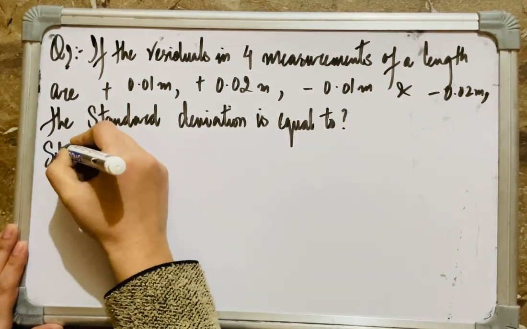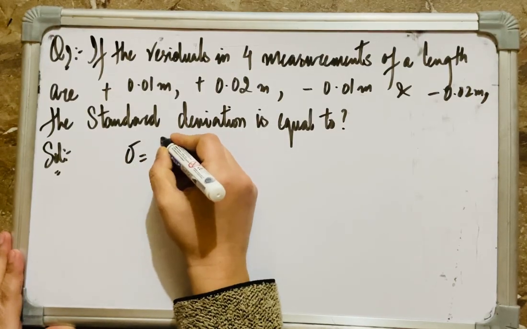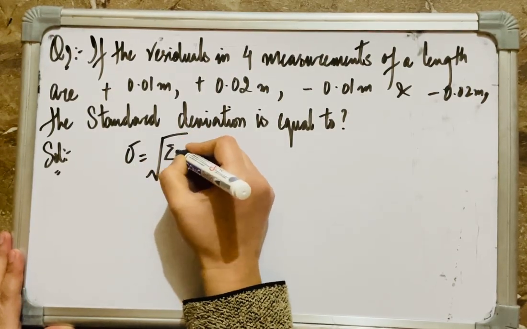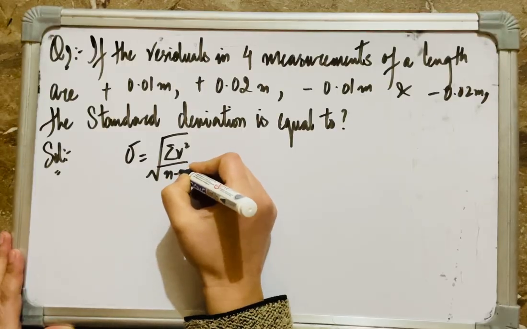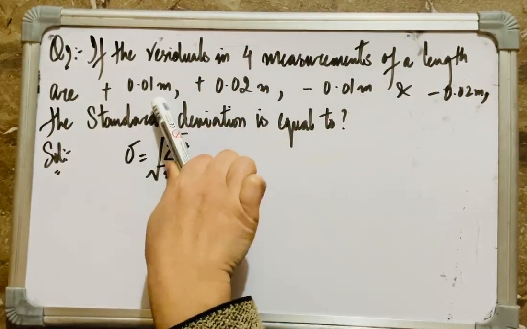So the question is, if the residuals in 4 measurements of a length are plus 0.01 meter, plus 0.02 meter, minus 0.01 meters and minus 0.02 meter, the standard deviation is equal to. I know that my standard deviation is equal to square root of summation of v square divided by n minus 1. And these are the residuals.